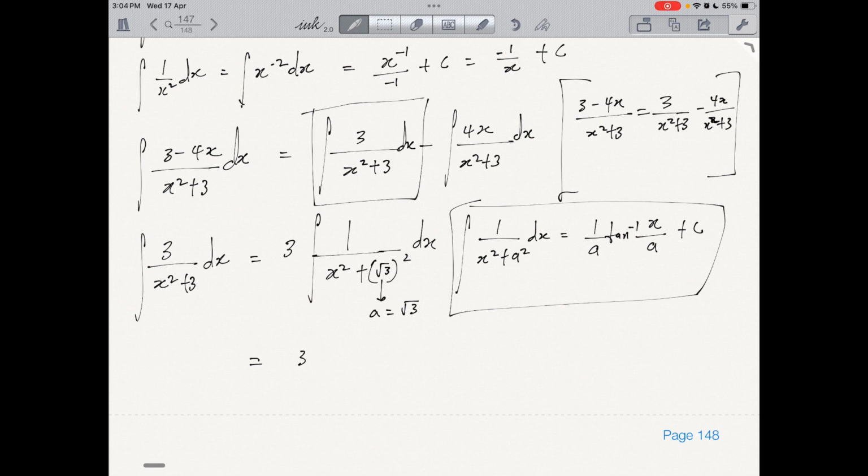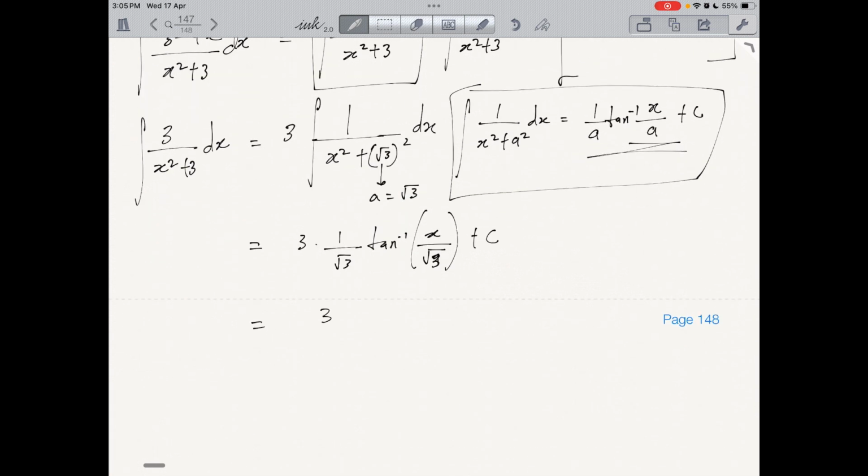That is, integrating 1 over x squared plus root 3 squared with respect to x will give us 1 over a, where a is root 3, arctan x over a, that's x over root 3, plus c.